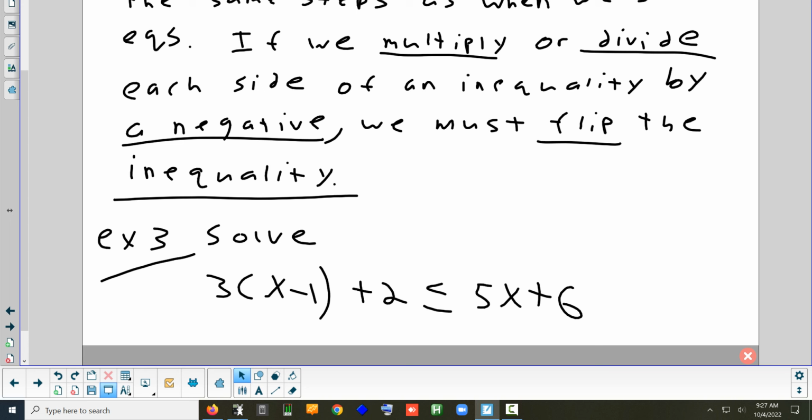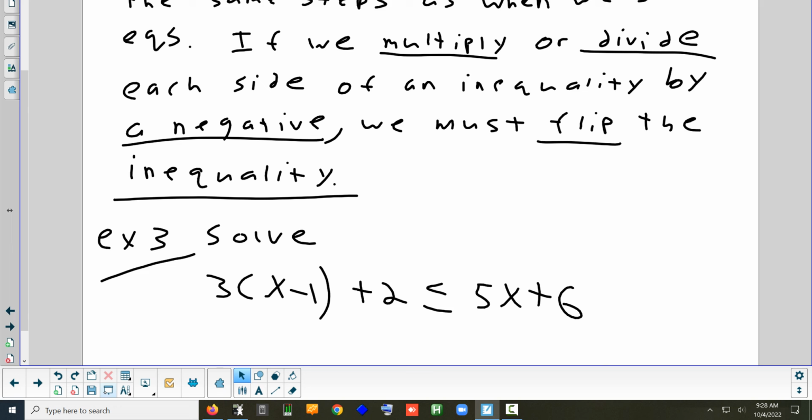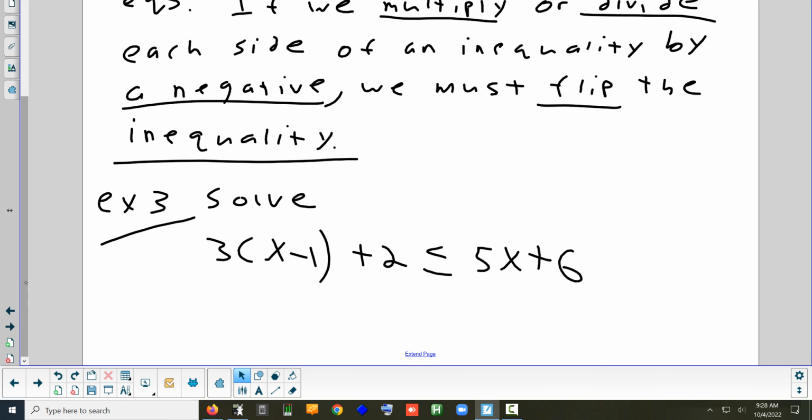What side of the inequality am I going to start on? What side has some work you need to do? The left side. Yeah, the left side's got a little bit of work we have to do to it. And can you tell me what we have to do? You have to distribute the 3. Okay, yep, let's distribute that 3. So we're going to get 3x.